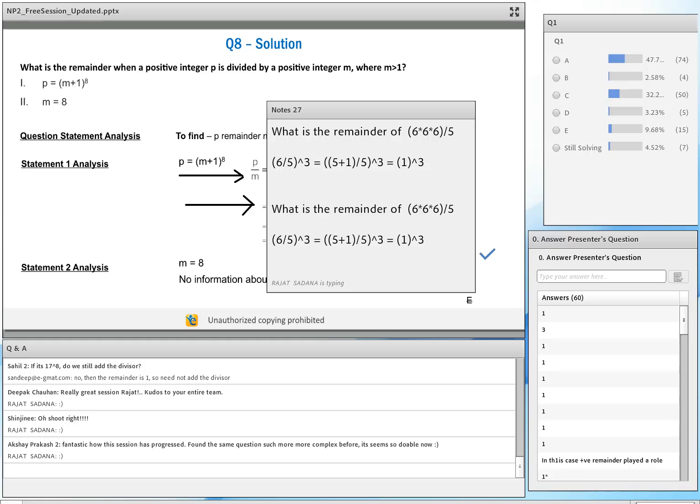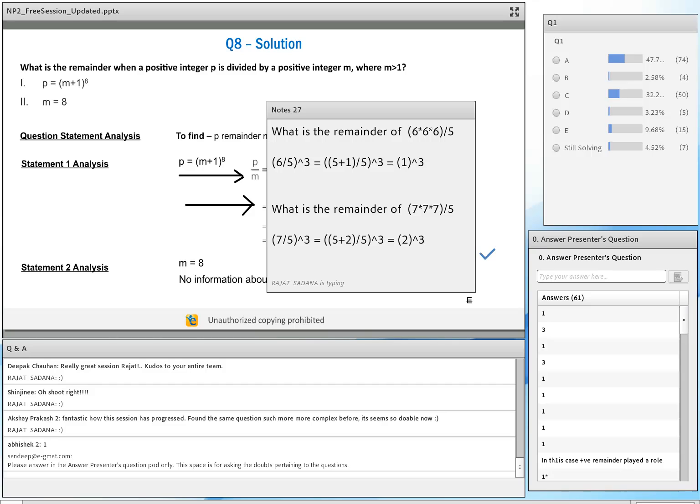I change 6 to 7, so it's 7, 7, 7, and I do the 7 divided by 5, and I would say 5 plus 2, and I'm going to say 2 to the power 3, which is going to be equal to 8, which is greater than 5.